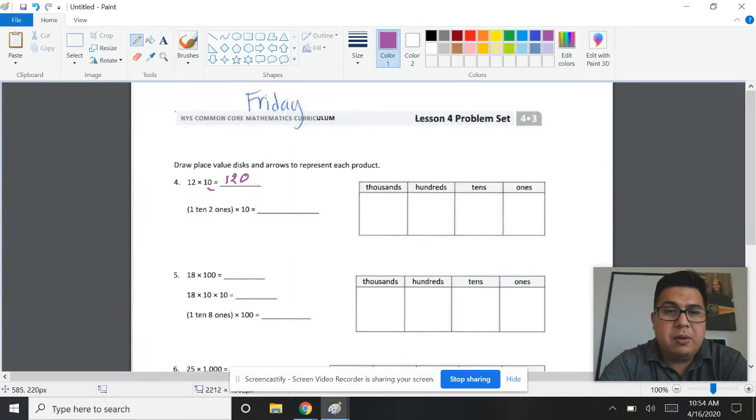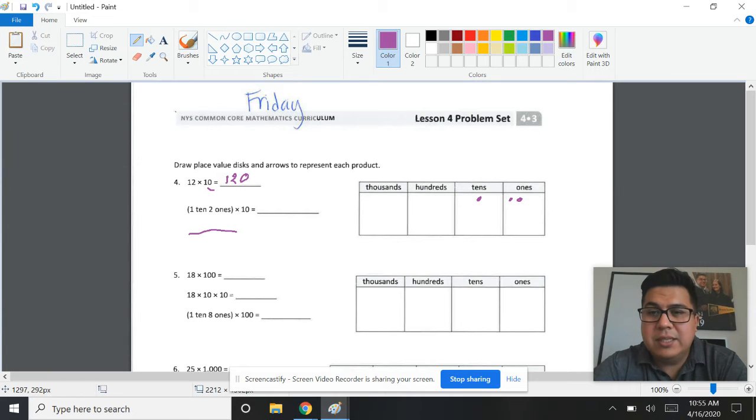Now, when I look at the part below it, it looks like they broke apart the number. They broke apart 12 into 1 ten and two ones. Let's take a look at what that would look like on our place value chart here. So we have 1 ten and two ones. Okay.